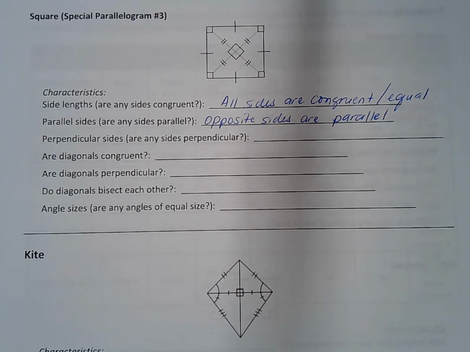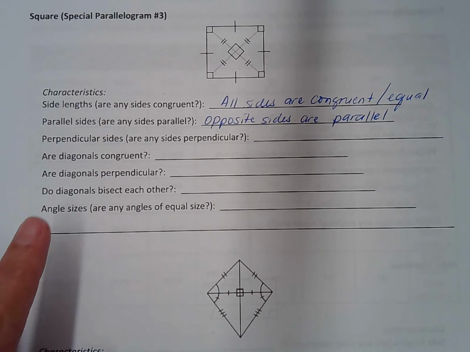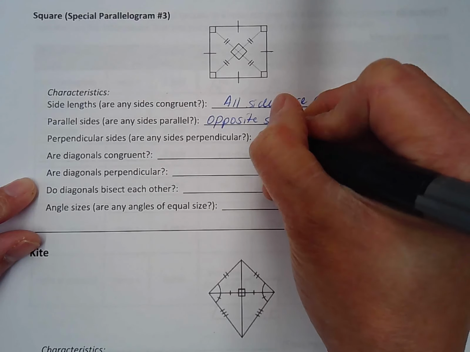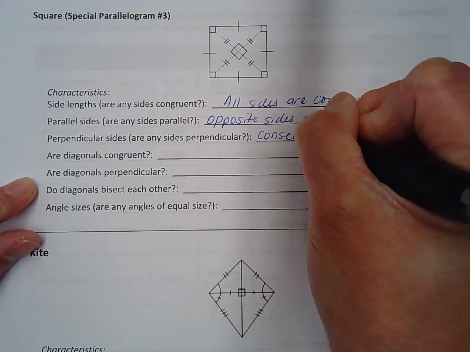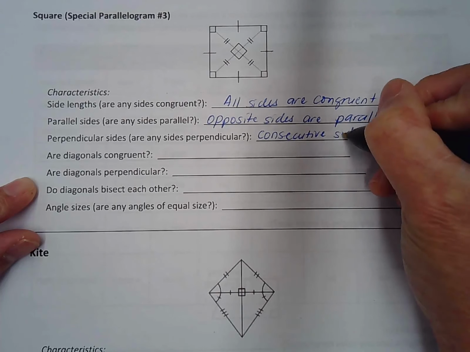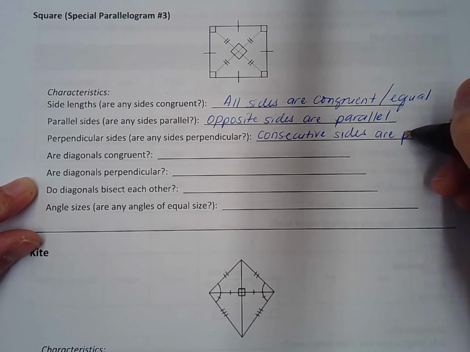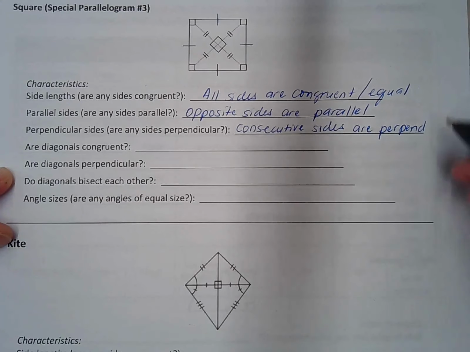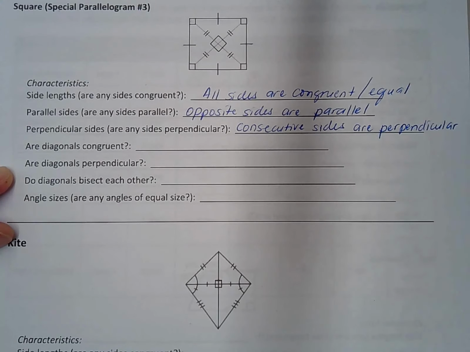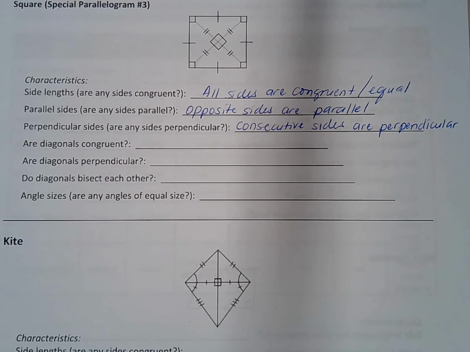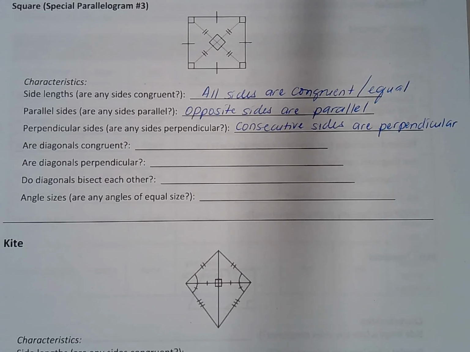How do we say that? What did we use last time? Consecutive sides are perpendicular. The word consecutive means one after the other.